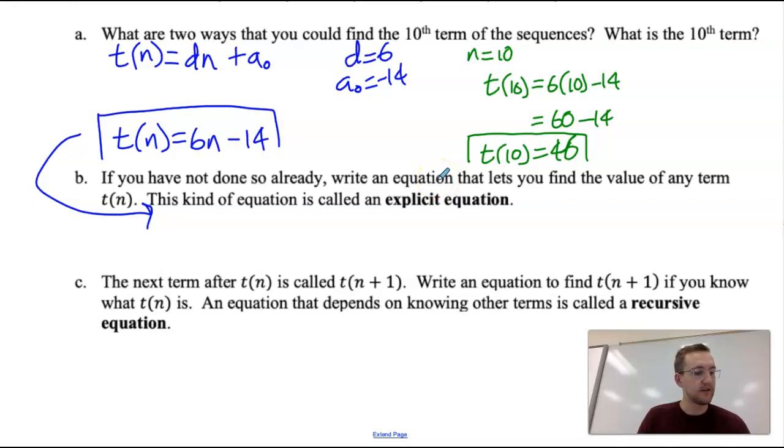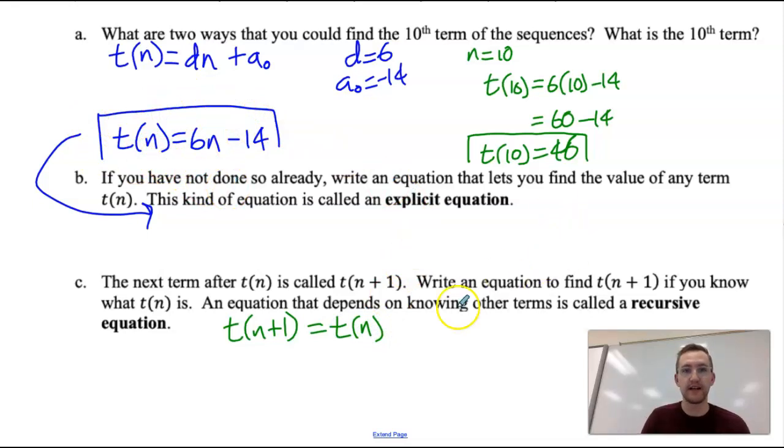If we want to write any recursive equation, one that finds us the next term in our sequence, we can write it as T of n plus 1 is equal to T of n, so basically our function up here, and then we just have to add our difference on.